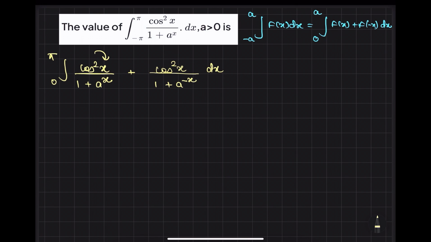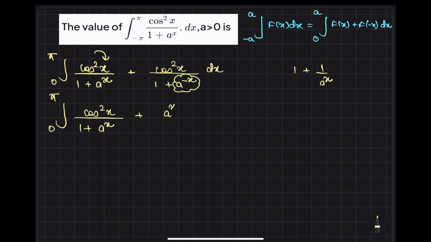Now let's modify the denominator. So 0 to pi cos square x and then 1 plus a power x. Now can we write down this thing as 1 by a power x and then take LCM? So what will happen?